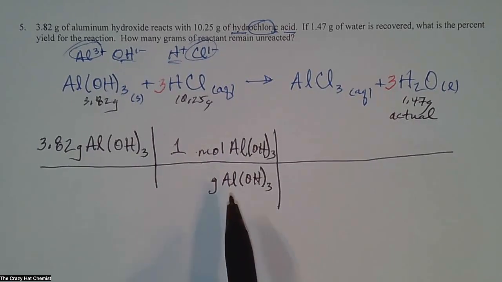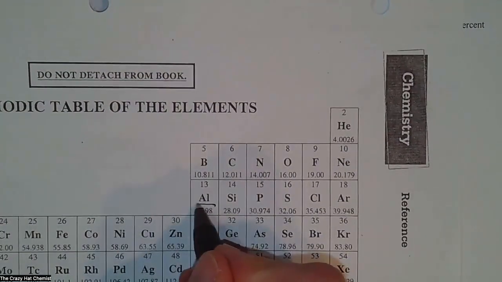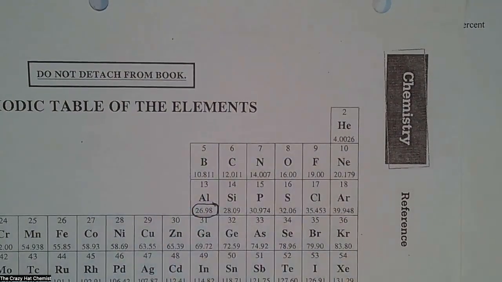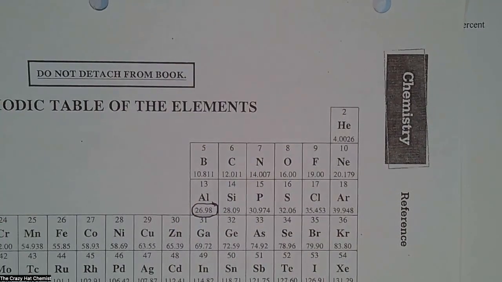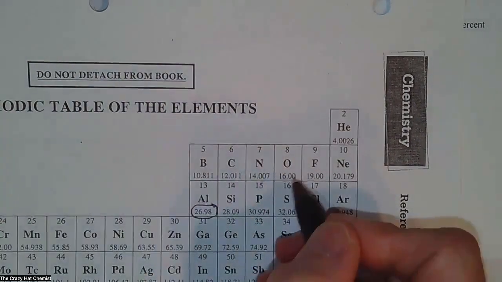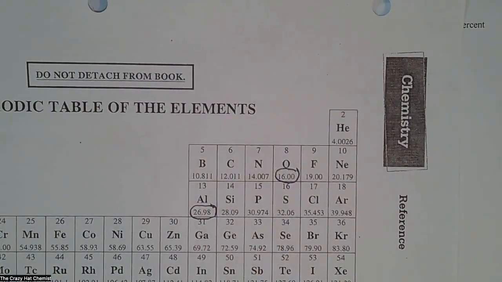So I'm going to take the molar mass for aluminum, and we're going to get our periodic table that we're using here. We're going to take this value right here, 26.98, multiply it by 1, because there's 1 aluminum in aluminum hydroxide. And then we're going to take the oxygen, and we're going to multiply that by 3, because there's 3 oxygens in aluminum hydroxide.